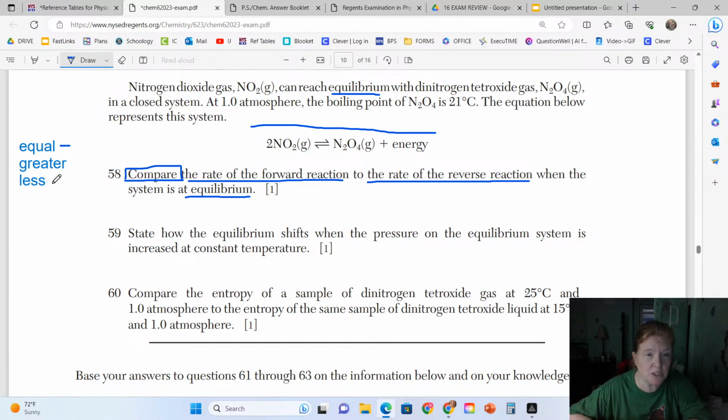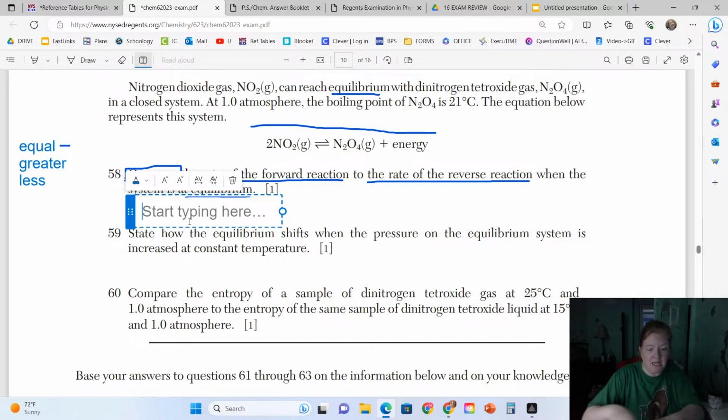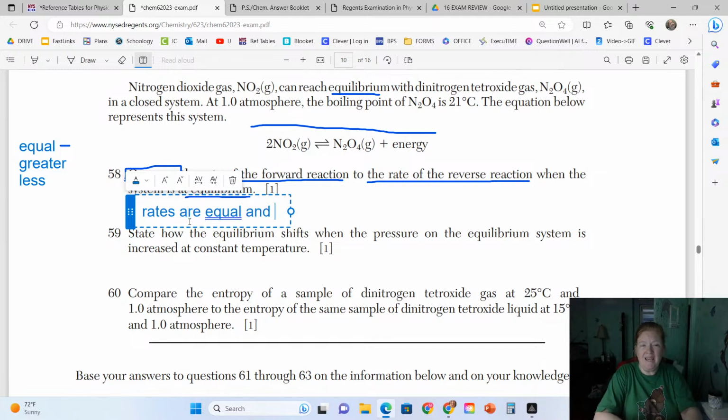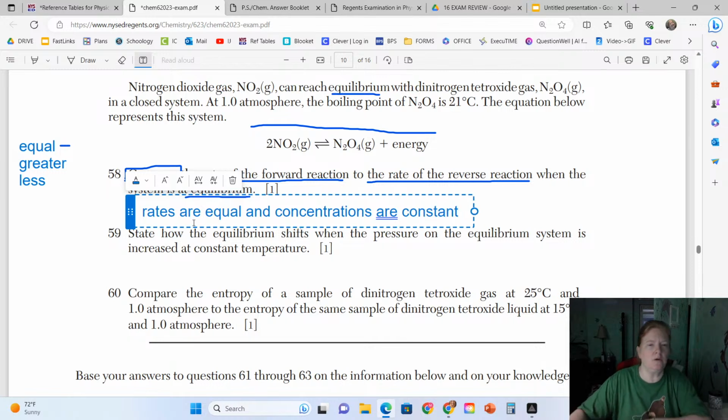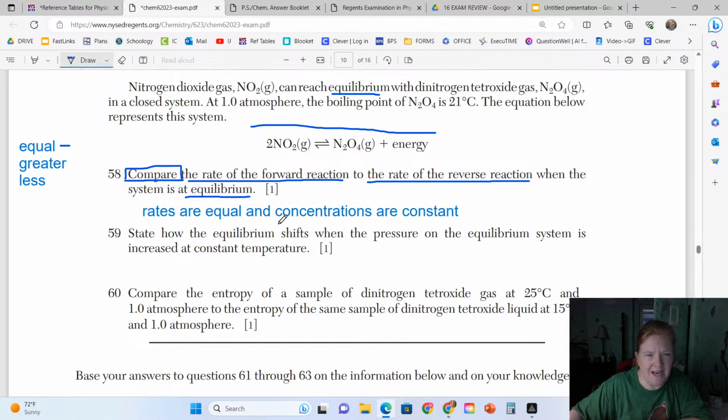So this is just a remembering it question. And when a system is at equilibrium, rates are equal and concentrations are constant. So do you see how it starts with concentrations are constant?